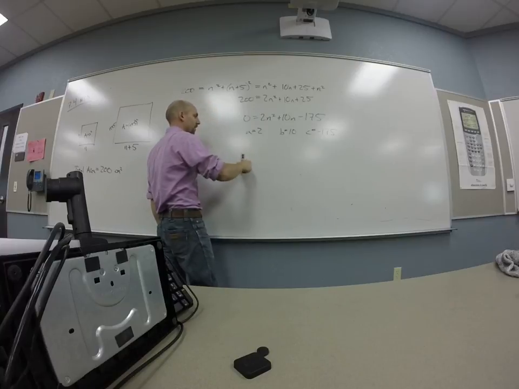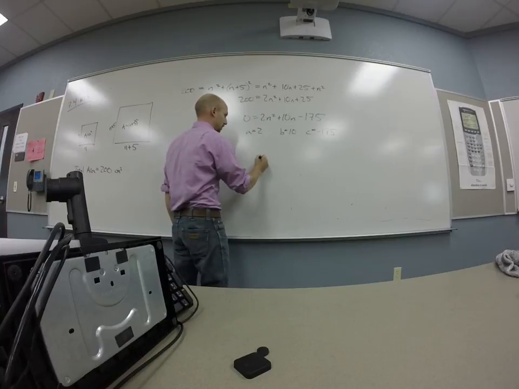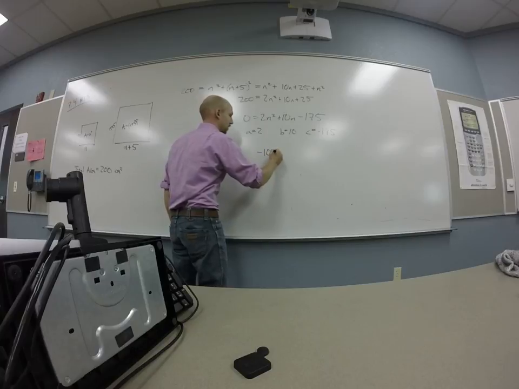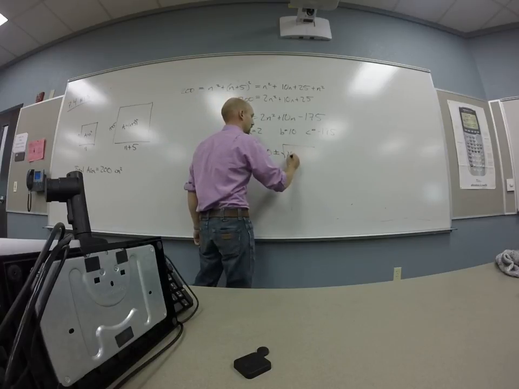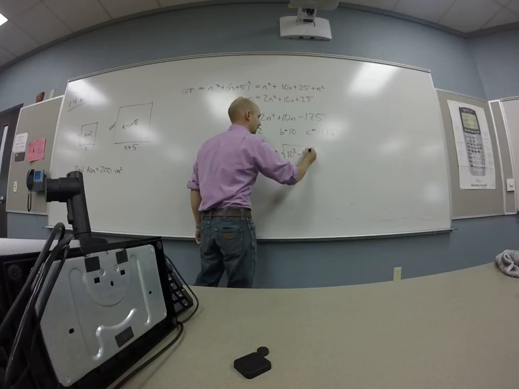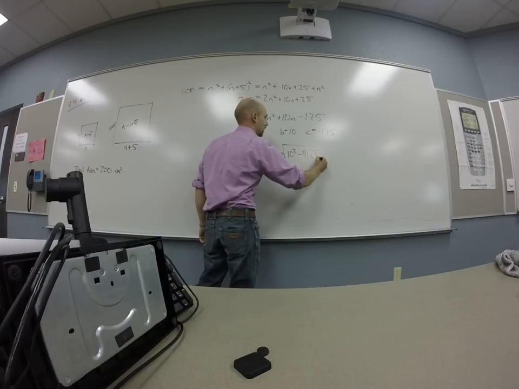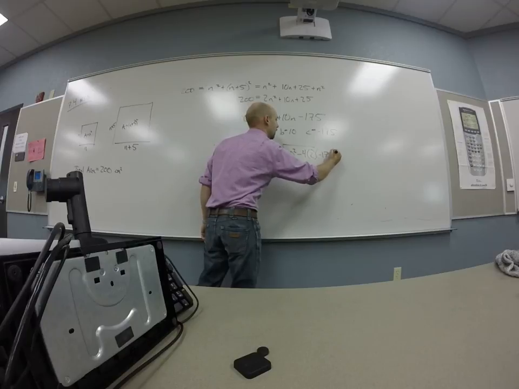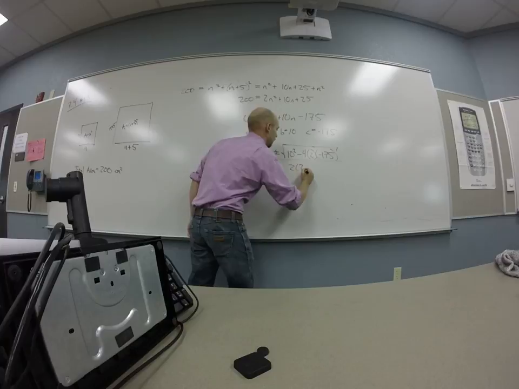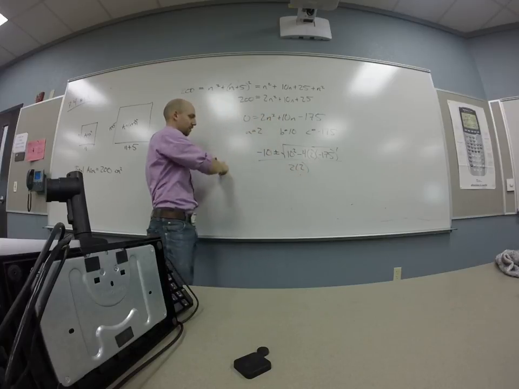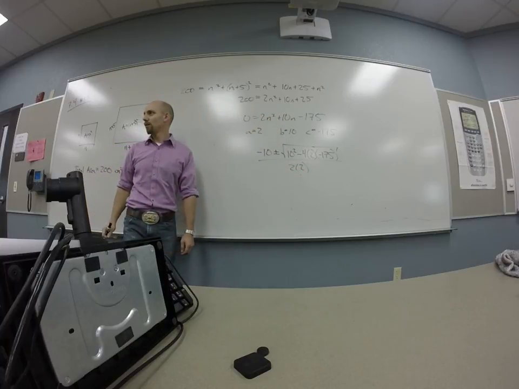Minus 10 plus or minus square root of 10 squared minus 4 times 2 times negative 175, over 2 times 2. And what's that equal to? I don't know. Yeah, you do. What's the variable?